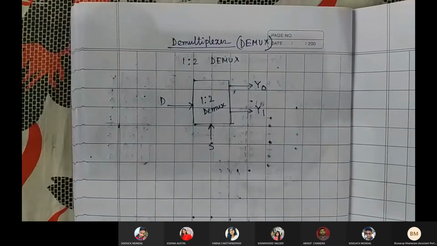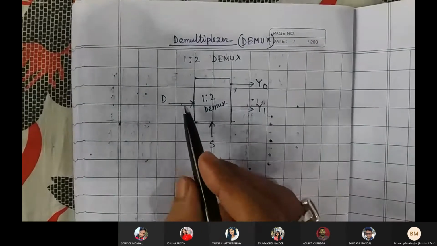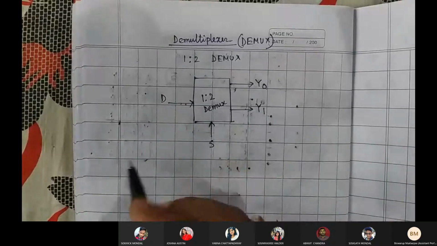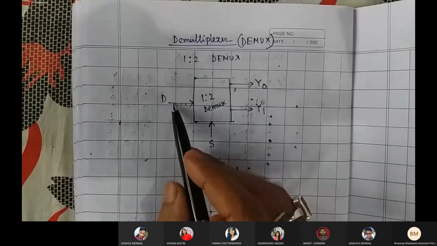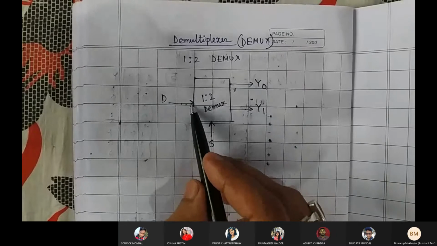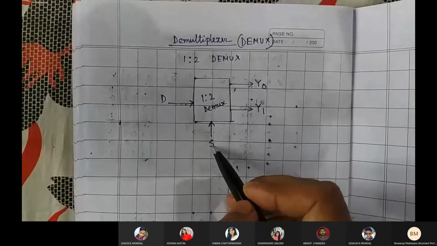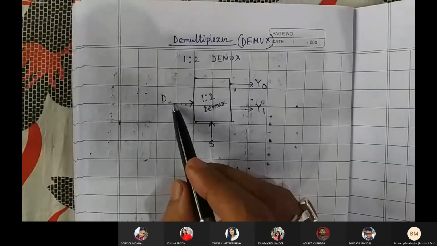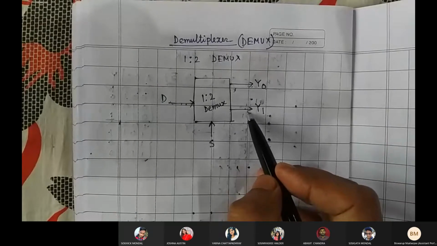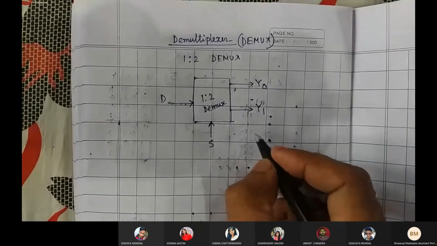As per the select line, this data input will be propagated to any of the outputs. If the select line is 0, then the D data line, whatever the data is right over here, will be at the output Y0. If the S value is 1, then whatever the D input is, you'll find the same at Y1, right?